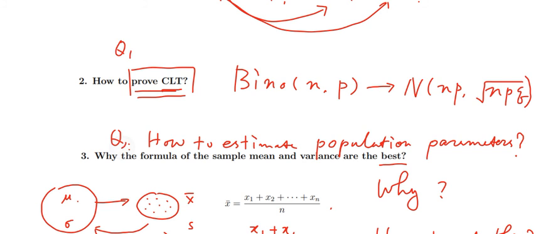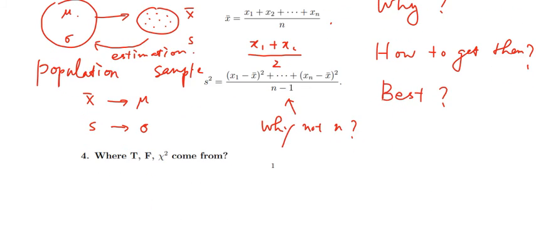And then we will check question 3, where those come from. How can we derive their density functions, or how to derive their mean and standard deviation for those distributions?